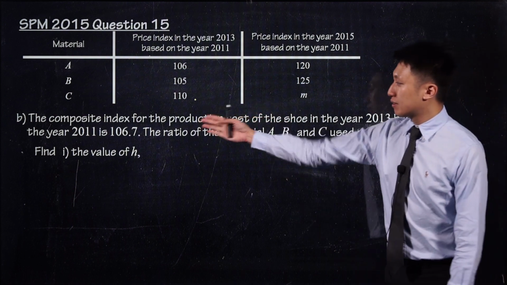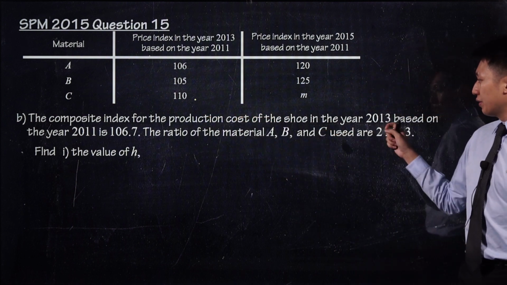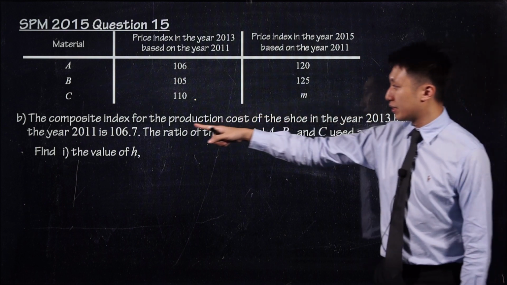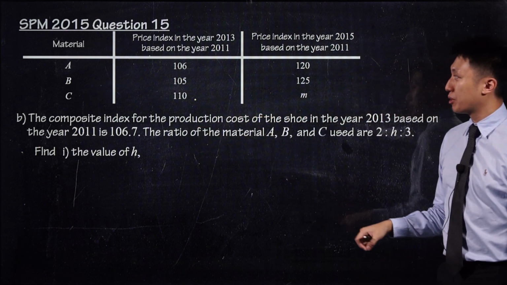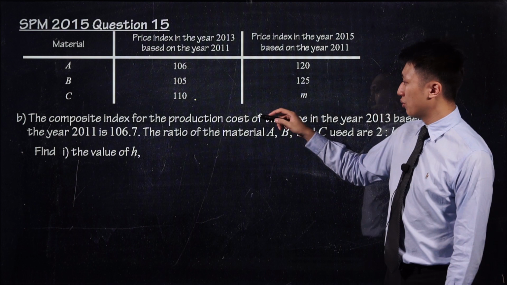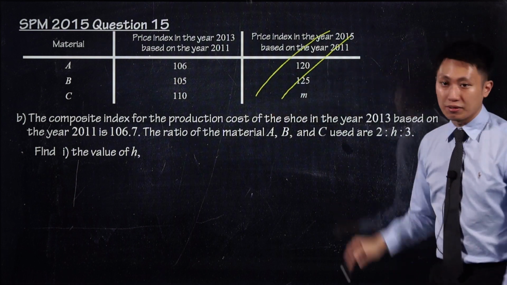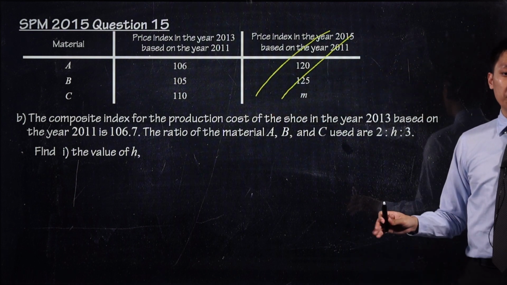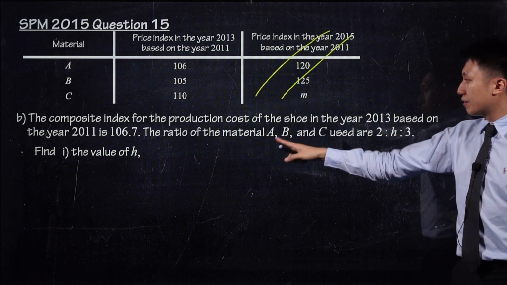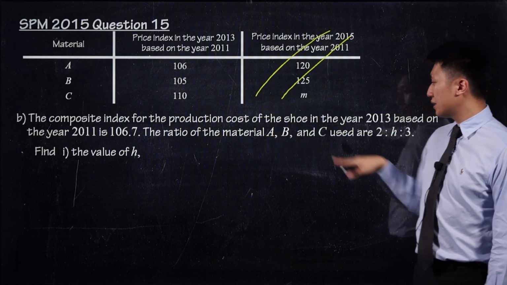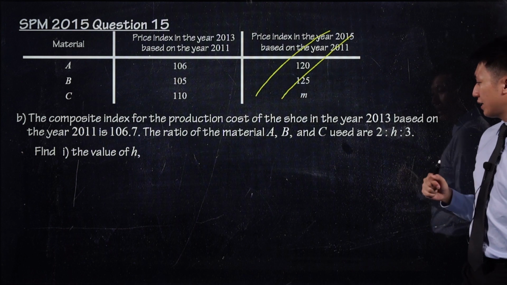The composite index for production cost of the shoe in year 2013 based in the year 2011 is 106.7. So again, you are not going to look at this one now. Just that one. Okay, the ratio of material A, B, C used are 2, H, and 3.